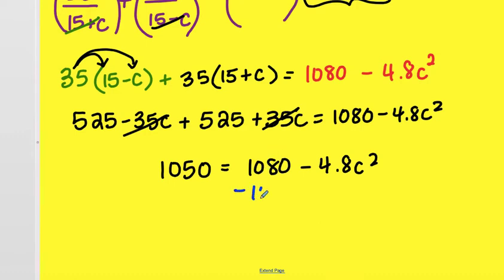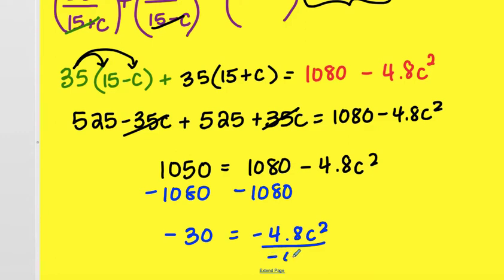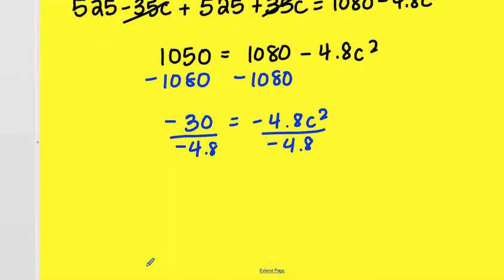So I'm going to subtract 1080 from both sides, and I get negative 30 equals negative 4.8C squared. Then I'm going to divide by negative 4.8, so 30 divided by 4.8 gives me 6.25.